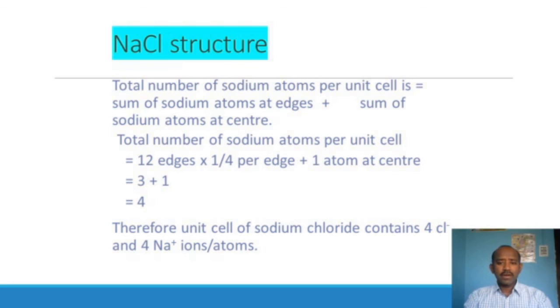Therefore, the unit cell of sodium chloride contains 4 chloride atoms and 4 sodium atoms.